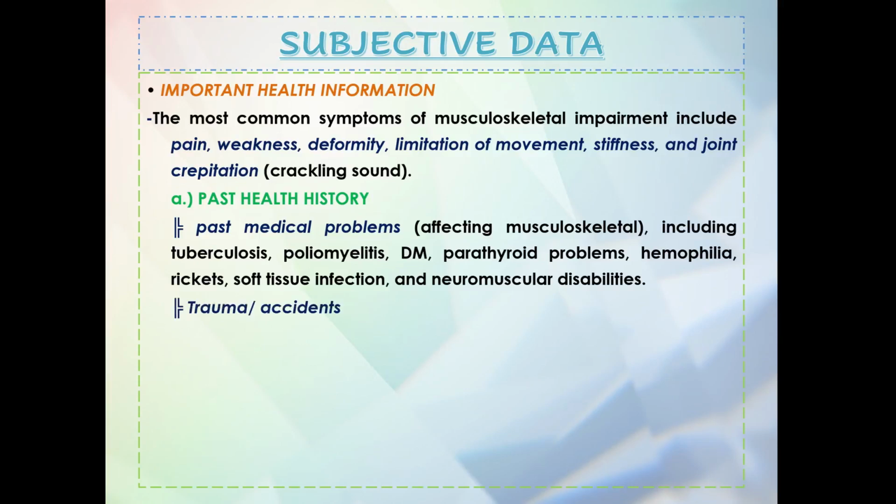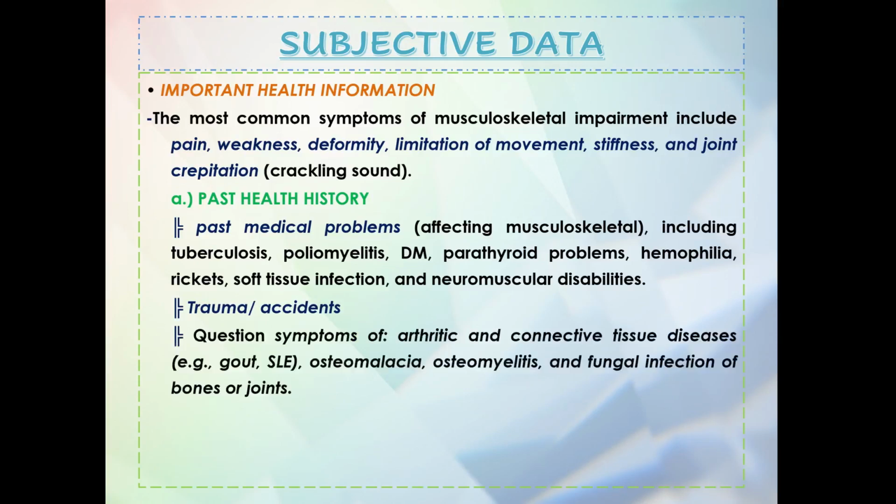Next, you have trauma or accident. So we are asking the patient if nagkaroon siya in the past ng trauma or accidents, which definitely had an affectation sa kanyang musculoskeletal. Then we ask questions like symptoms of arthritic and connective tissue diseases. An example of that is gout or systemic lupus erythematosus or SLE.